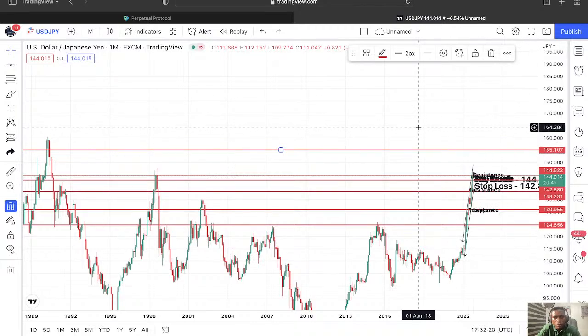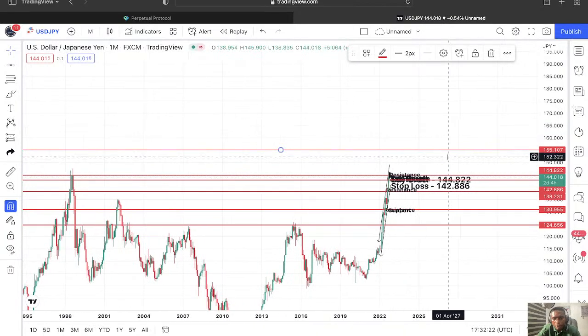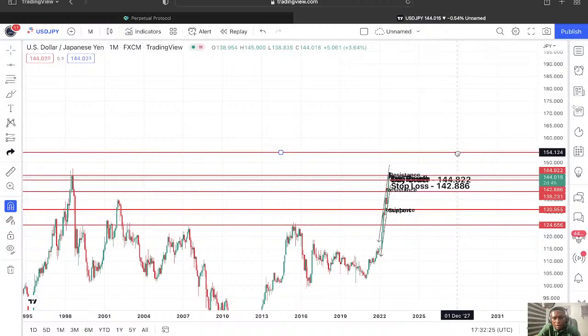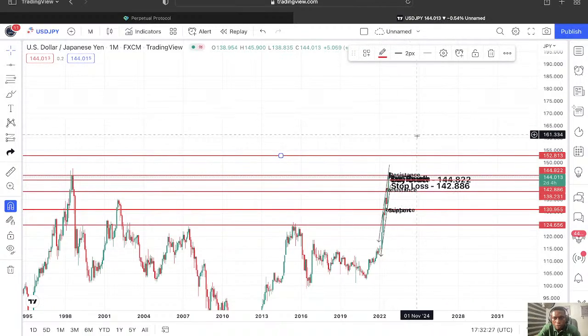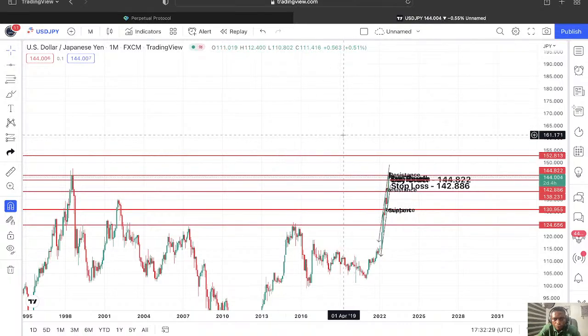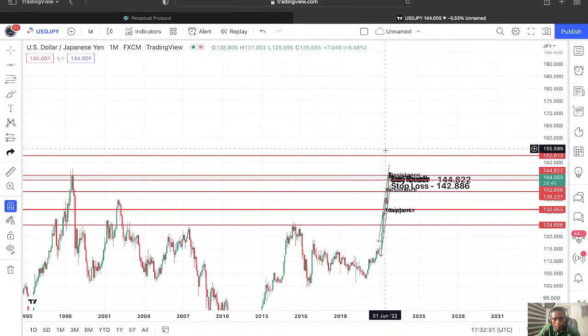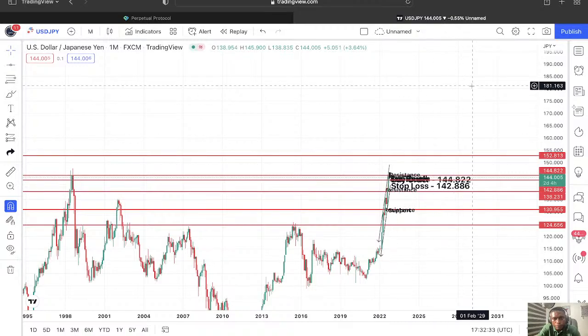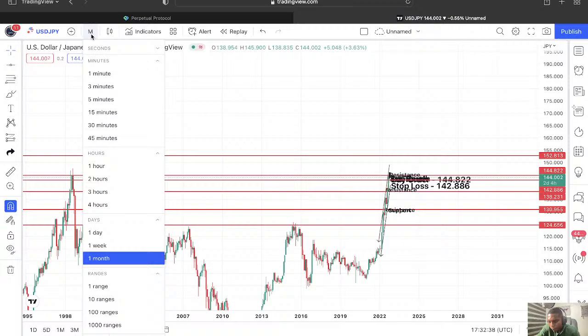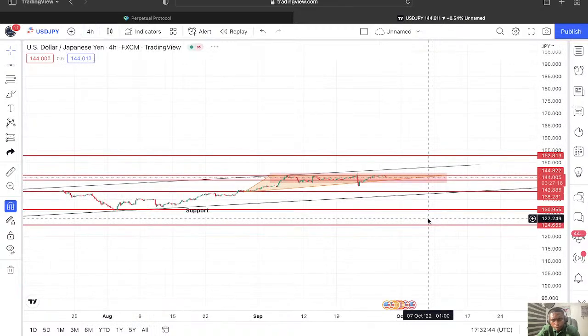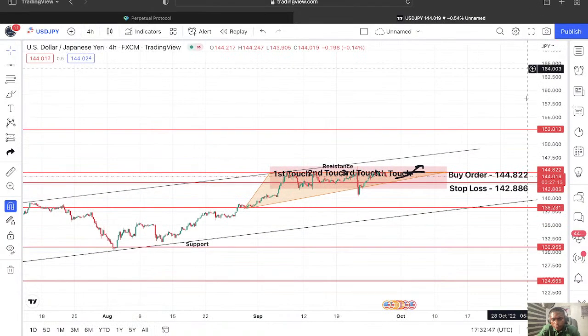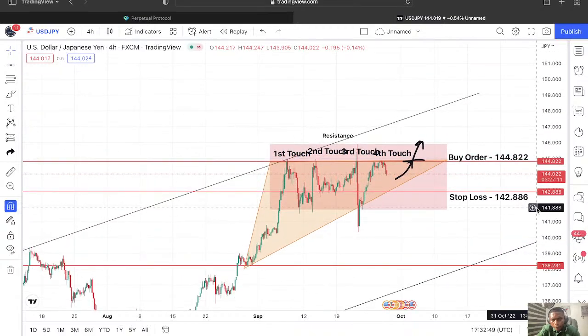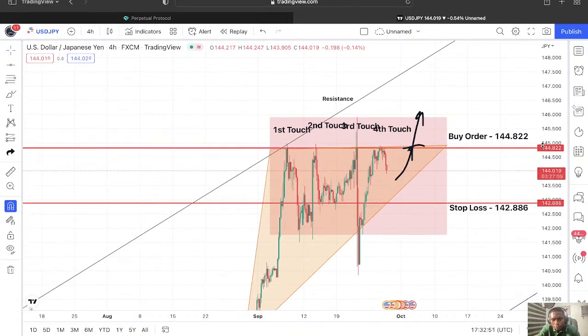So my stop loss would be above here. All right. However, I have a strategy, for risk management purposes, that I'm going to share with you. So let's go back to the 4 hours.